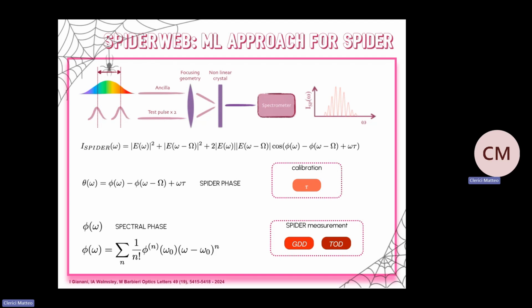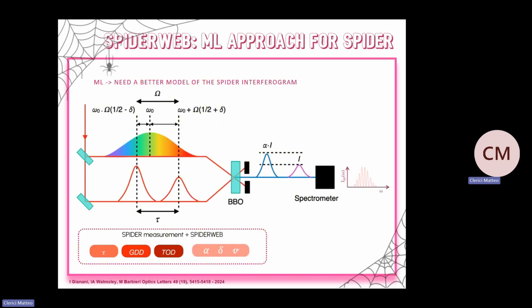If you want to do the machine learning techniques, and you want to use the whole interferogram information, then you need to model the interferogram a little bit better, because in reality, your two pulses may not have the same intensity, for instance. You may not be centered around the ancilla, so the shear will maybe be added not equally to the two pulses, and your fringes will have a visibility which may not be one, which is never one, of course.